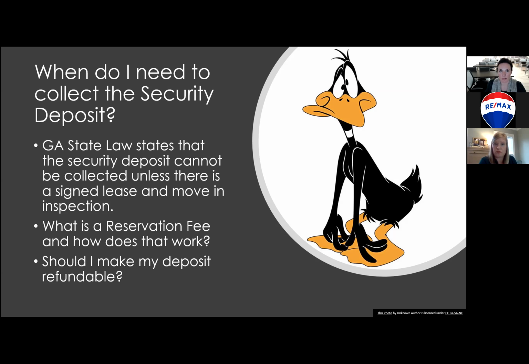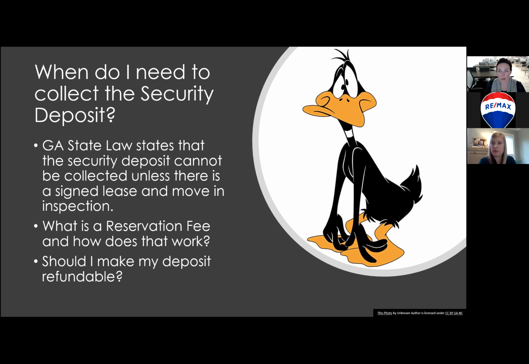We have had tenants decide not to move in after they've paid a deposit. And because there was no inspection completed and provided to the tenant, the deposit goes back to the tenant. There's no way for us to legally collect and hold a security deposit without that move-in inspection. Even if they've signed the lease, we have to give it back, and there's no way to enforce the lease at that point.